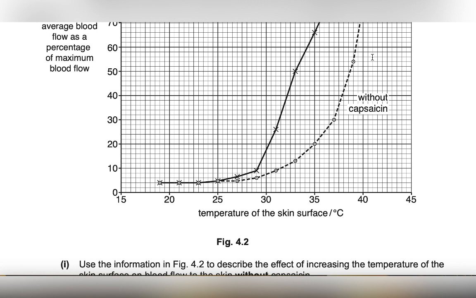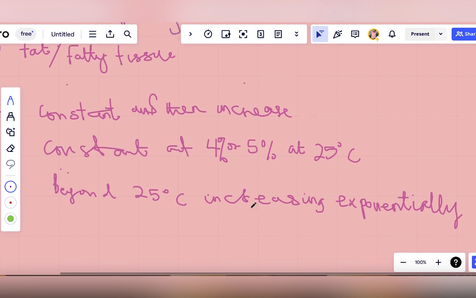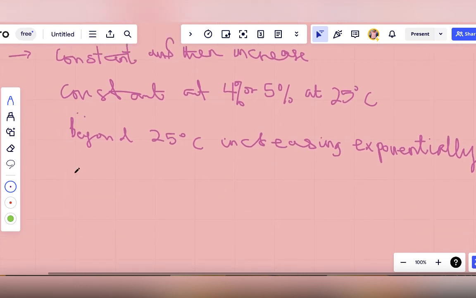So the blood has a maximum flow rate, so I just write maximum flow rate at 100.